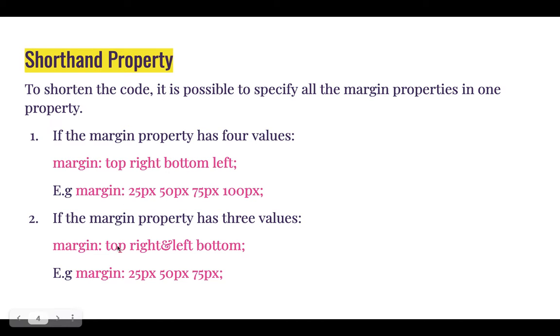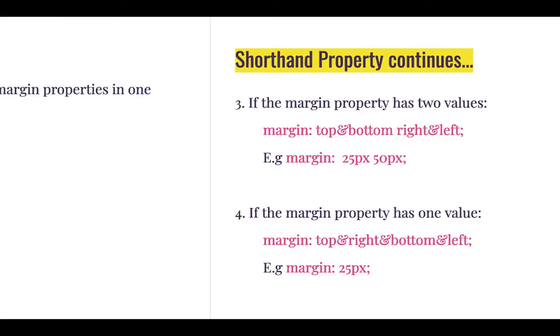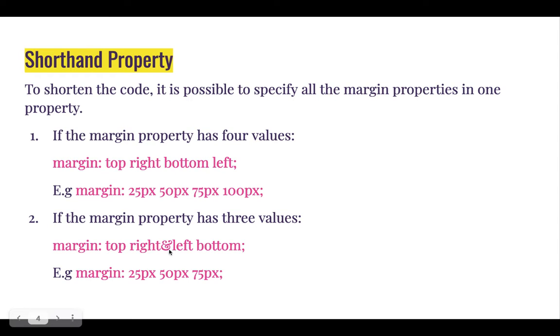The first value is going to be the top margin. The second one is going to work for the right and the left margin. And then the third value is going to be for the bottom.